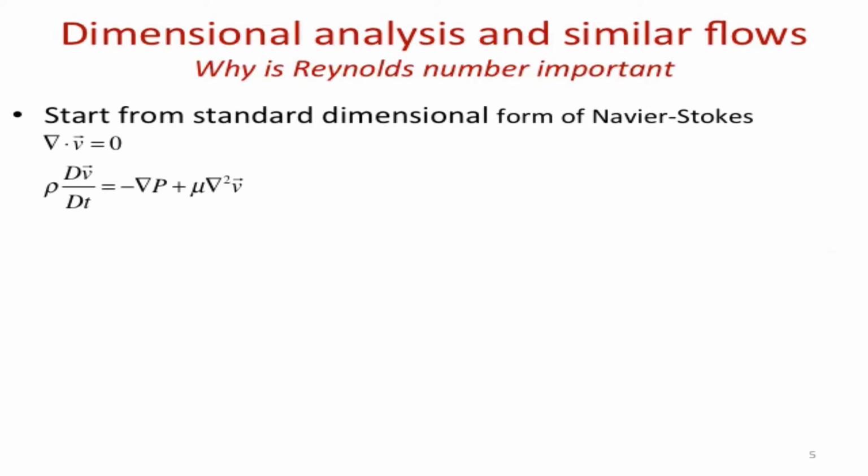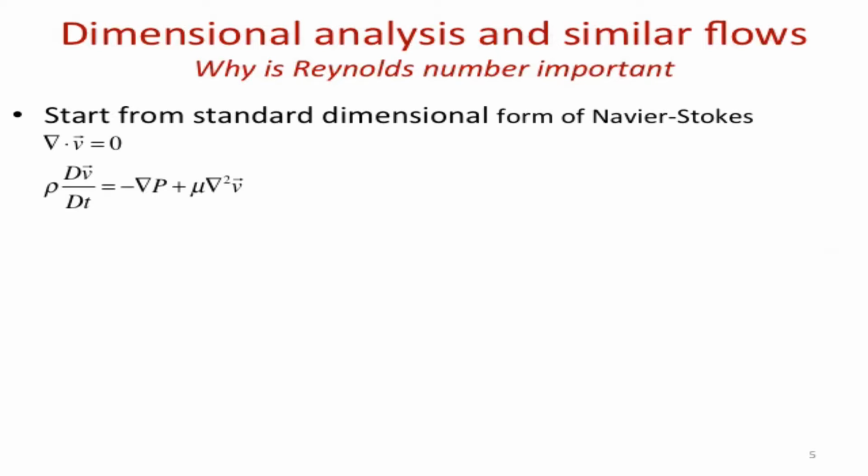All right. So just before we move on to that, let's just comment on Reynolds number and how it actually came to be. Okay? So it actually came to be by analyzing the dimensionless form of the Navier-Stokes equation. So if you start from a standard Navier-Stokes equation, we have a continuity equation.